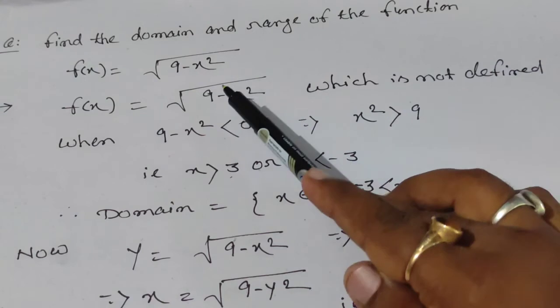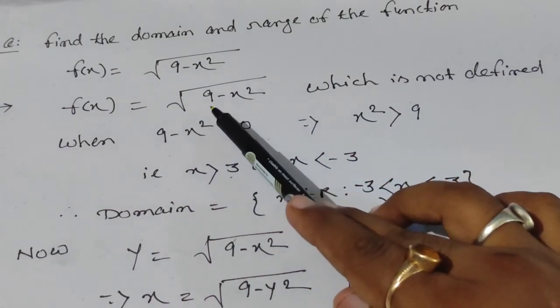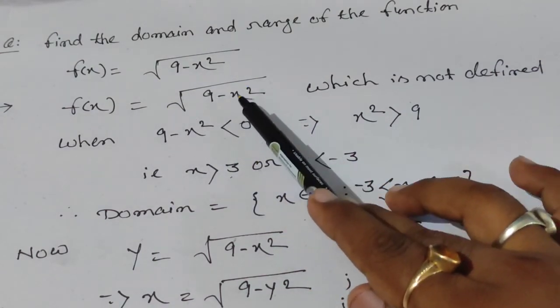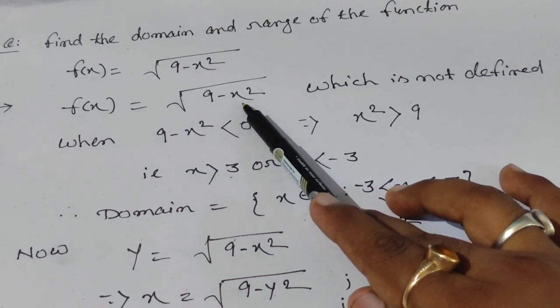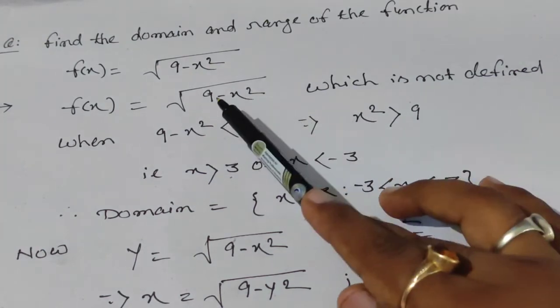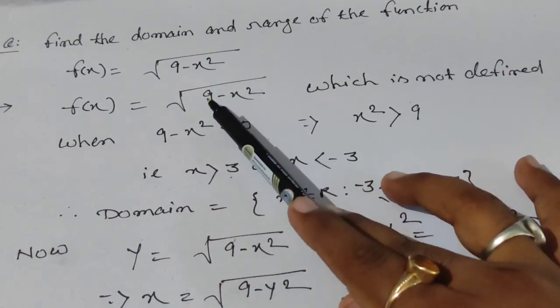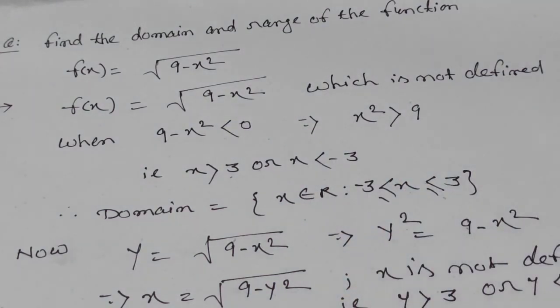So here, since the function is y equal to root over 9 minus x square, I can't take all values of x, because I have to take such a value of x so that 9 minus x square will come either equal to 0 or more than 0. Then only it is possible to find the square root.